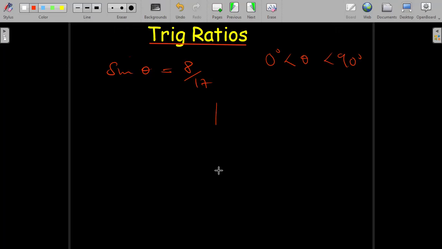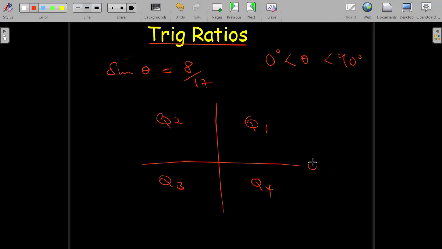If I have my x-y plane like this, we have what we call the quadrants. You have this one being the first quadrant, the second quadrant, and the third and the fourth quadrant. From here, we measure angles from the positive x-axis going anti-clockwise.